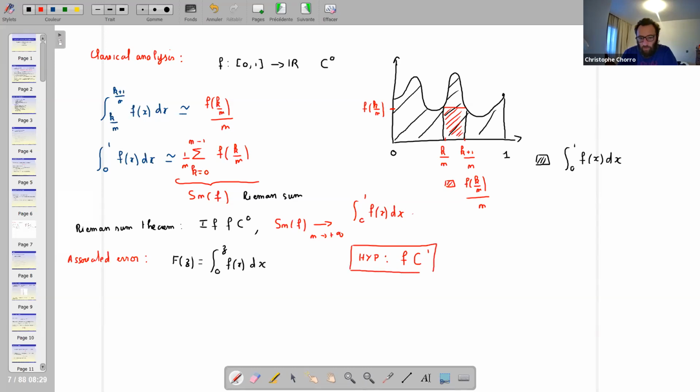In the case where f is C1, since capital F is the primitive, it implies that capital F is of class C2.